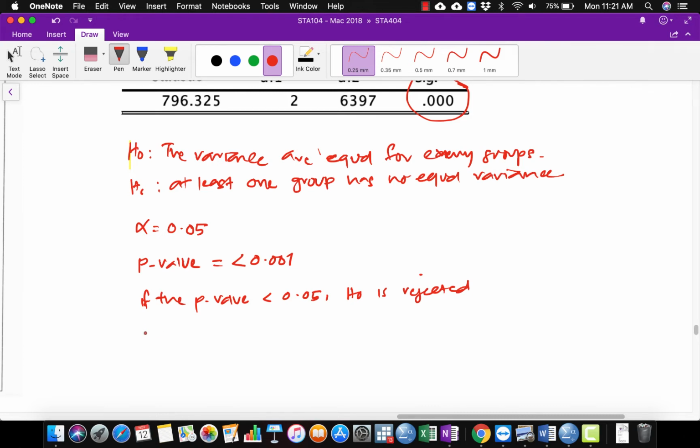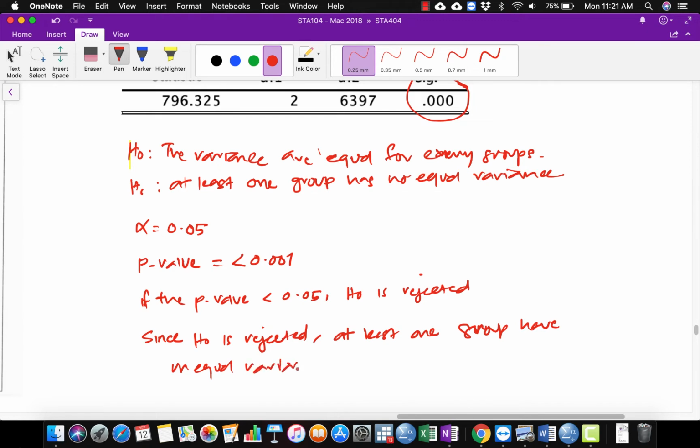Since H0 is rejected, we can conclude that at least one group has unequal variance.